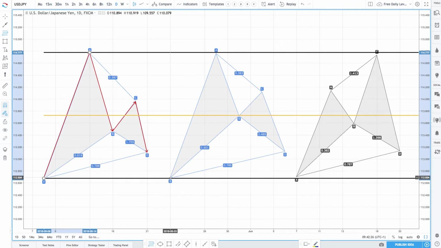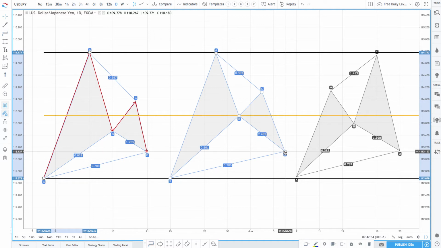So when you see, again, with the bat pattern, you get a 50% pullback, and then, and this is just me asking the question, because I'm always trying to figure things out, from a supply and demand perspective, why does it matter that the 50% has to bounce from here and then has to go to the 88.6?